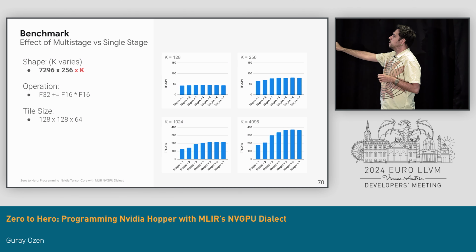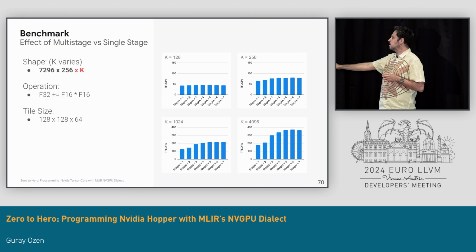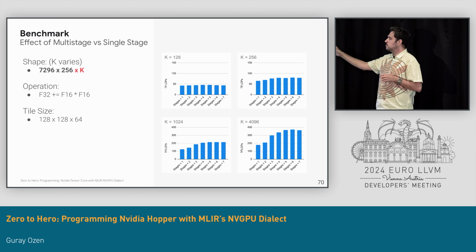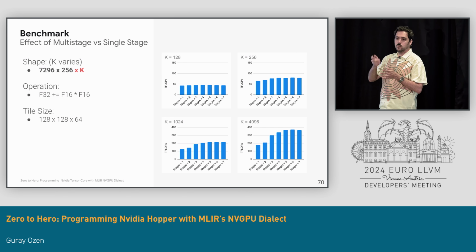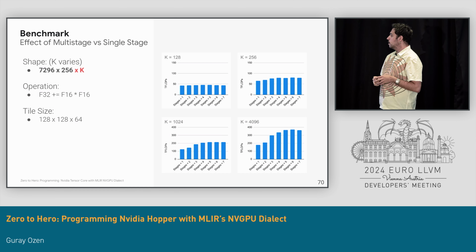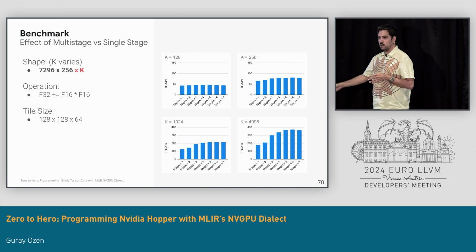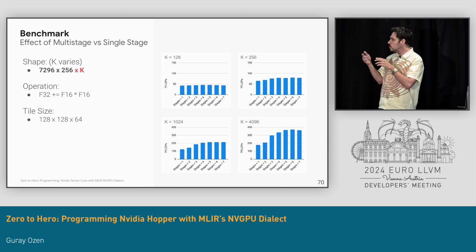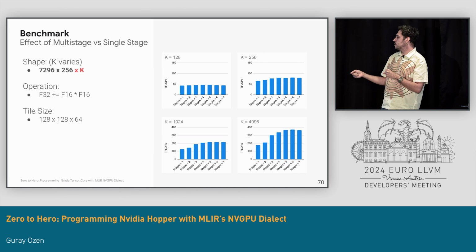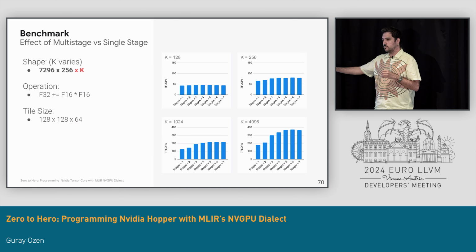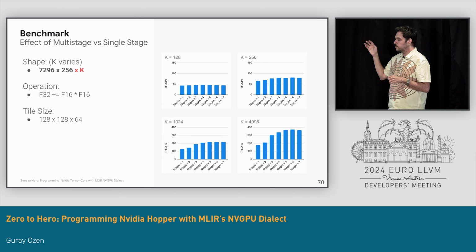So, okay, look at the graphs. The first graph is showing K is very small, 128, and the last graph is showing K is very large. When K is very small, you don't have a loop, so there is no multi-stage to use. There is no effect. But when your K is large, you have more loops, right? And then you can understand the effect of multi-stage. These graphs are showing teraflops, and higher is better.